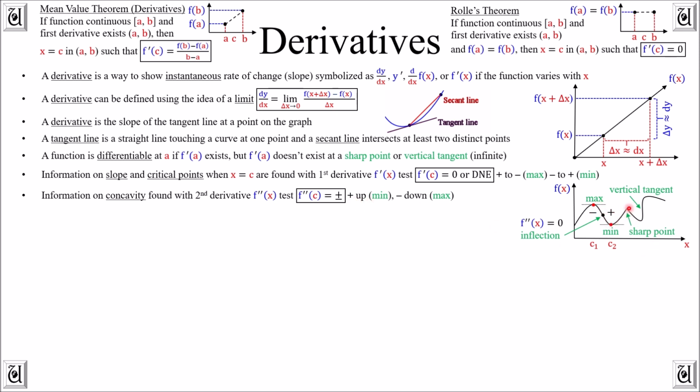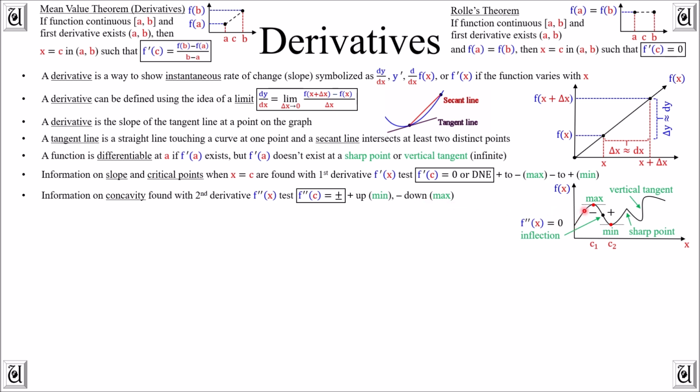And so I can remember this like smiling is up, like you're happy, you're positive. And then frown is down, right? And so that's negative. And so if we're concave up, that must mean that we have a minimum. And if we're concave down, then that must mean that we have a maximum at those points.